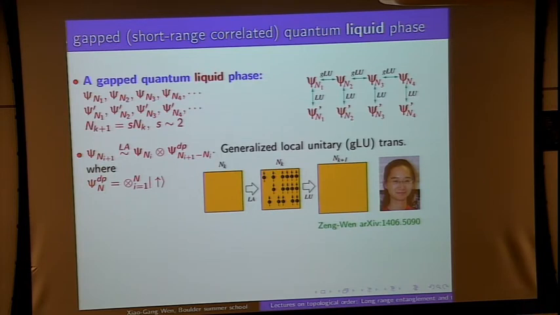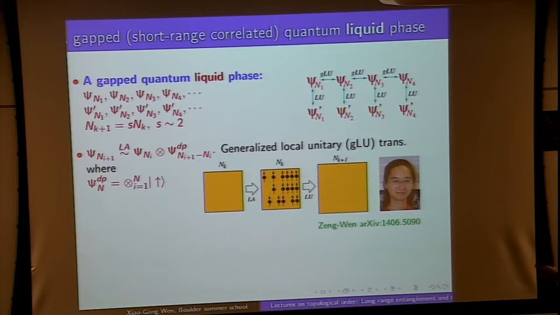That's changing the number of lattice sites. So now when adding these product states, the system size is the same as the next system size. Then these two with the same size are connected by local unitary. So this is like a generalized local unitary, where in addition to local unitary, we also add or dissolve a product state into it, so that we can change the total dimension of the Hilbert space, the number of sites.